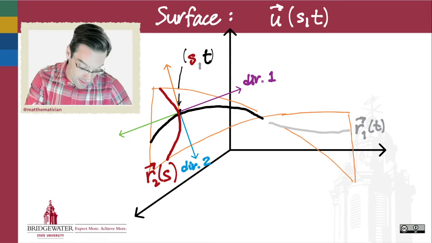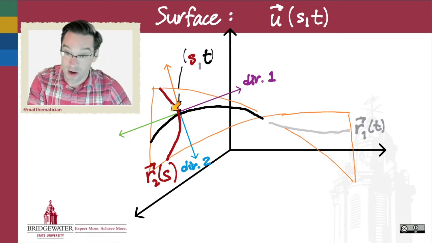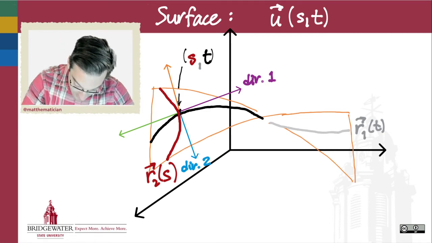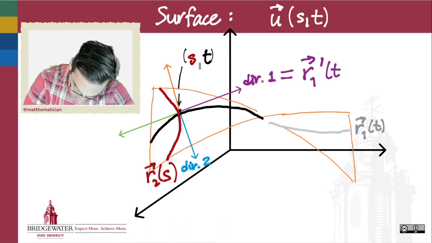And if I take the derivatives along those curves, I'm going to get velocity vectors that are tangent to my surface. So this is another nice thing about surfaces, is that we can get direction 1, for example, here, as the derivative of this curve.